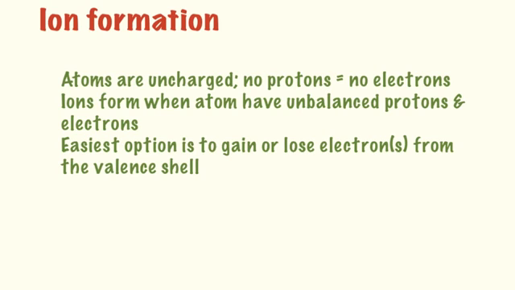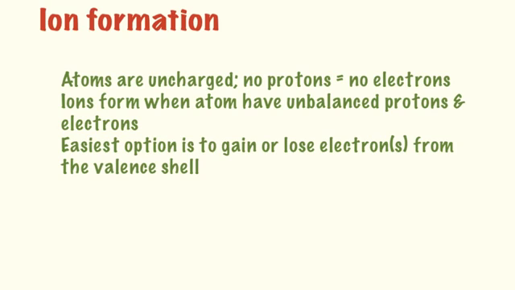If it's energetically easiest to gain electrons, it will have more electrons than protons, so it will be a negatively charged ion or an anion. If it is easier for the atom to lose electrons, then it will have more protons than electrons, which will give it a net positive charge, and it will form a cation.